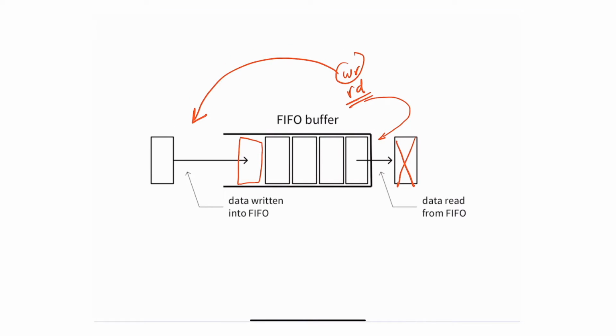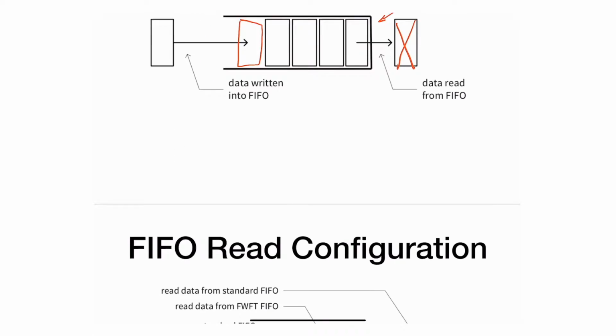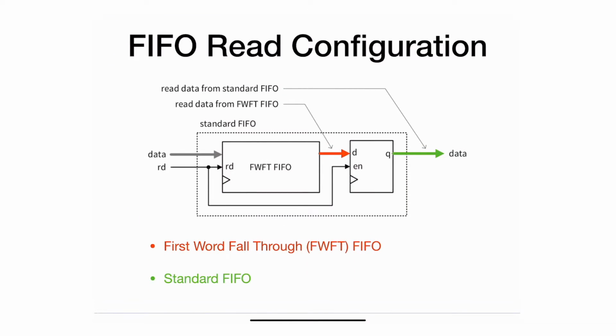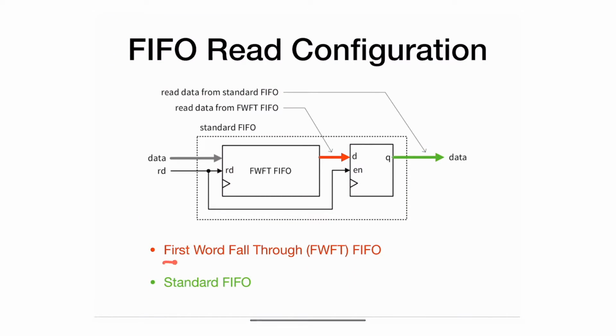So I mentioned briefly that we have a couple of ways to read out of a FIFO buffer, and these two are called first word fall through, or a standard FIFO buffer. Let's briefly mention what these two ways do. We start with the first word fall through, which is this one in here.